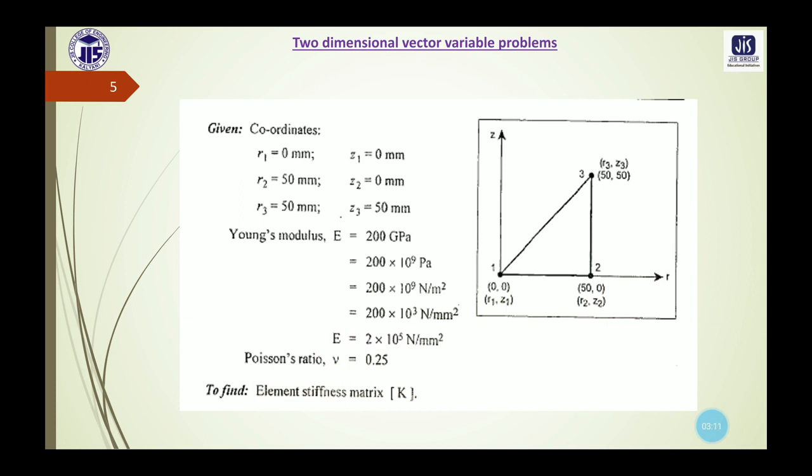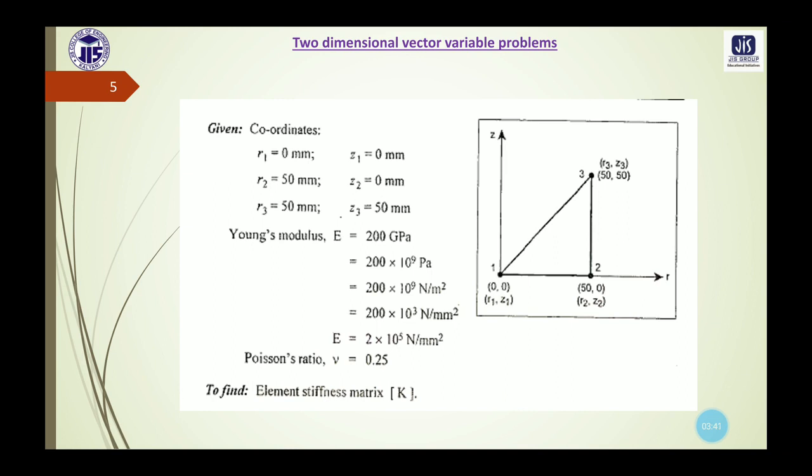Let us first write in detail what is given in this numerical. From the given coordinates, corresponding to node 1, which is given as 0 0, R1 is 0 and Z1 is 0.